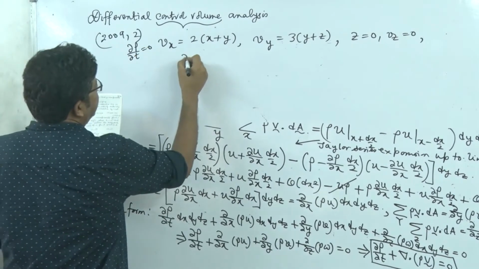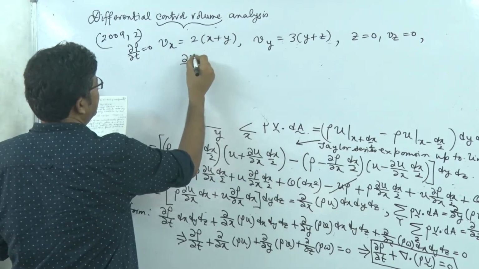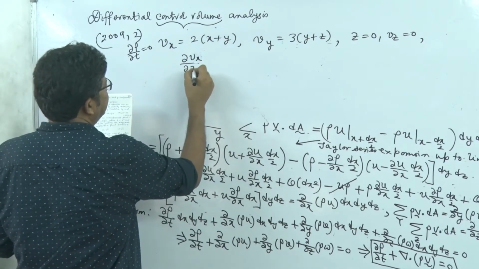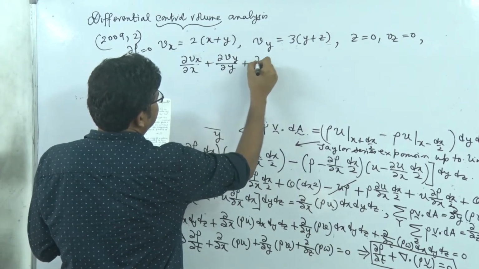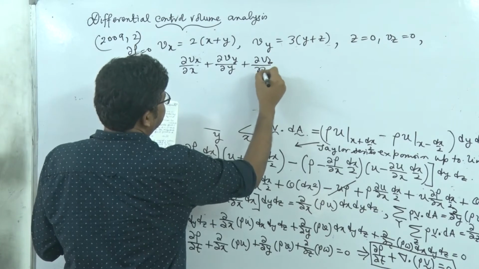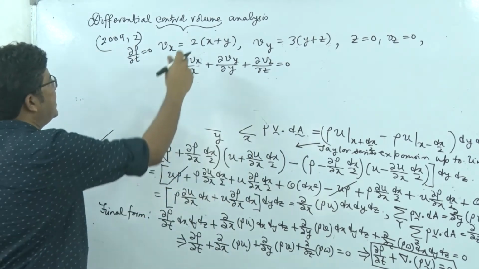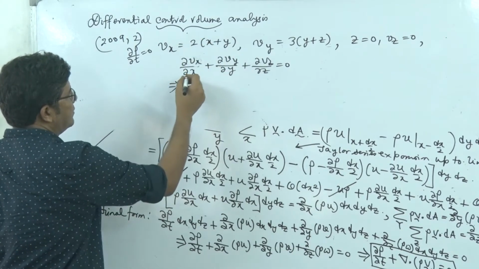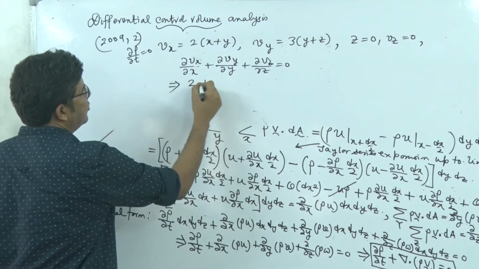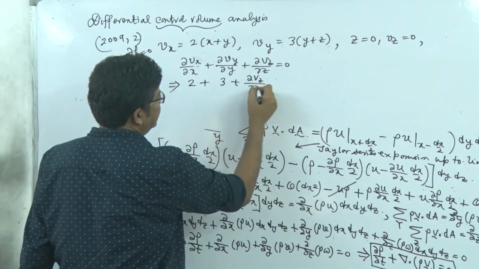So what is the continuity equation? As the notation changes, we will write del Vx del x plus del Vy del y plus del Vz del z is equal to 0. From the given expression Vx equal to 2x plus y, del Vx del x equals 2, and del Vy del y equals 3, plus del Vz del z.